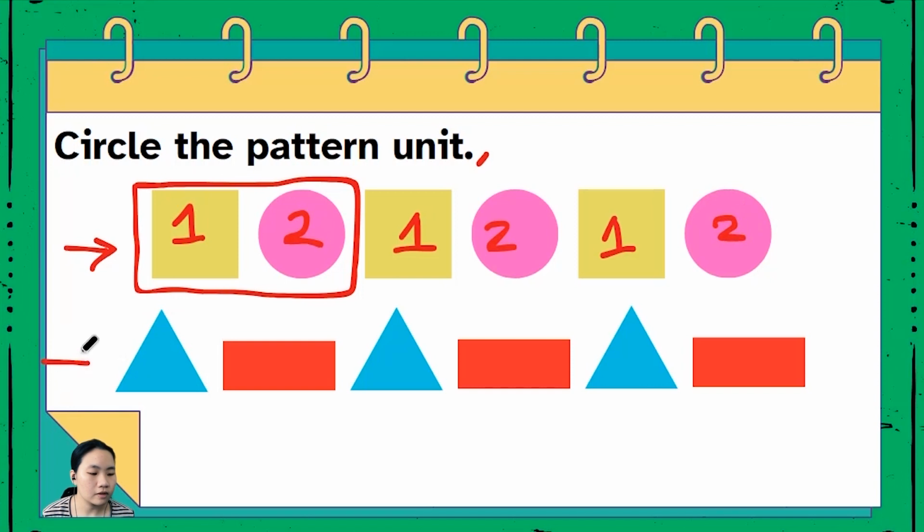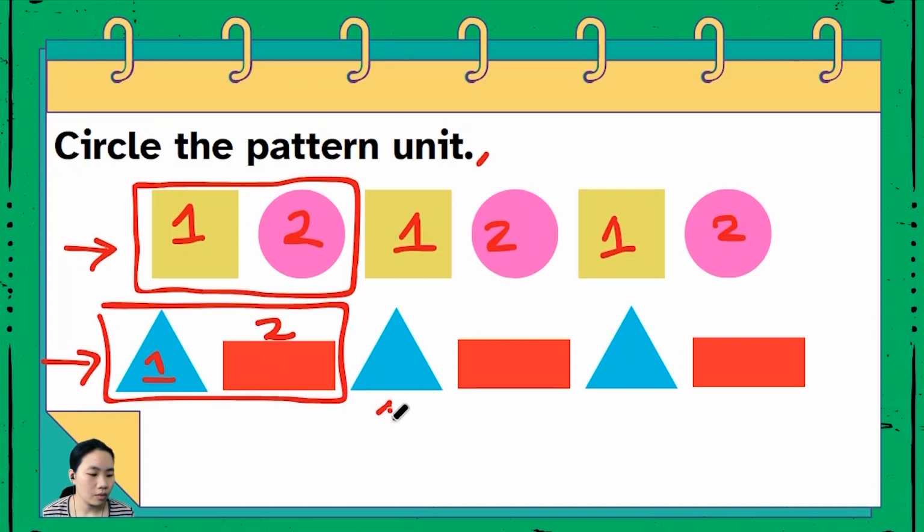Okay, what about this pattern right over here? What do you think the pattern unit is? It is triangle and then rectangle. Okay, triangle and then rectangle. 1, 2. As easy as that.